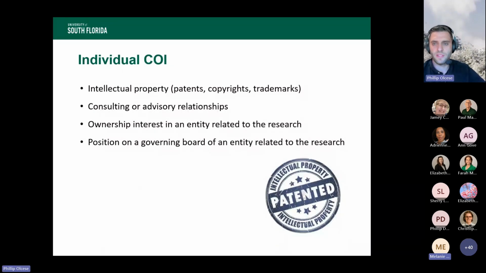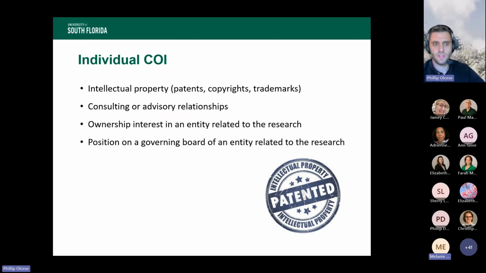An individual COI. So most of the time we're dealing with remuneration, so that's oftentimes disclosed in consulting or advisory relationships. We also get a lot of intellectual property, mostly patents, but these may also be copyrights or trademarks.